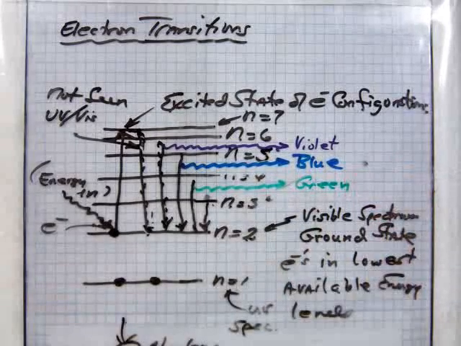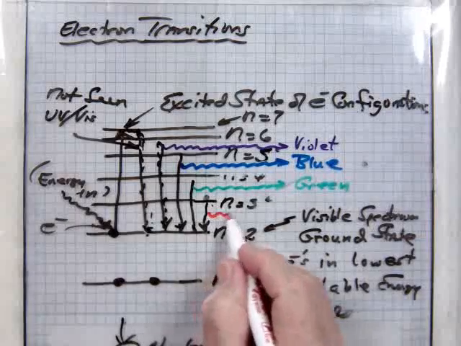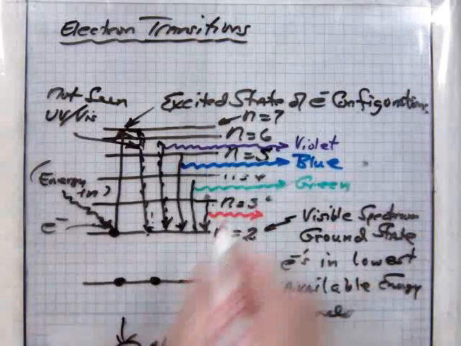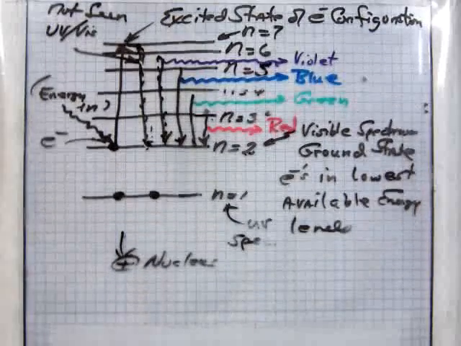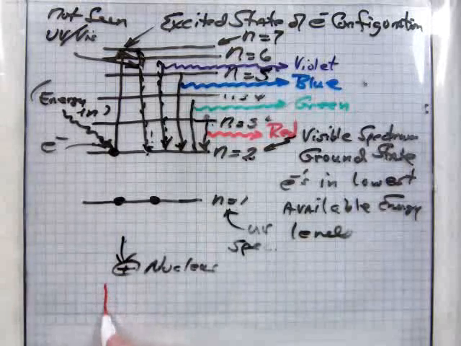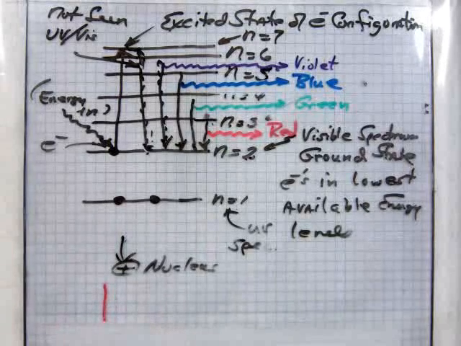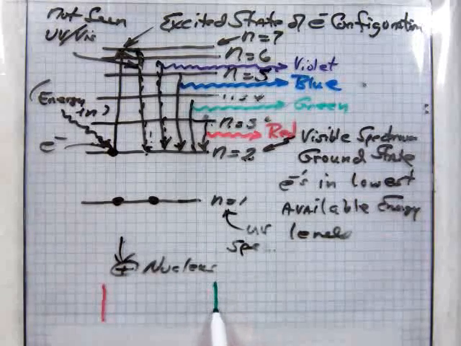And then from n equals 3 to 2 is the red band. Now, this is still in hypothesis mode for the Bohr model. So in these transitions, we have the red line, green line, which you'll see kind of off in a distance like that.